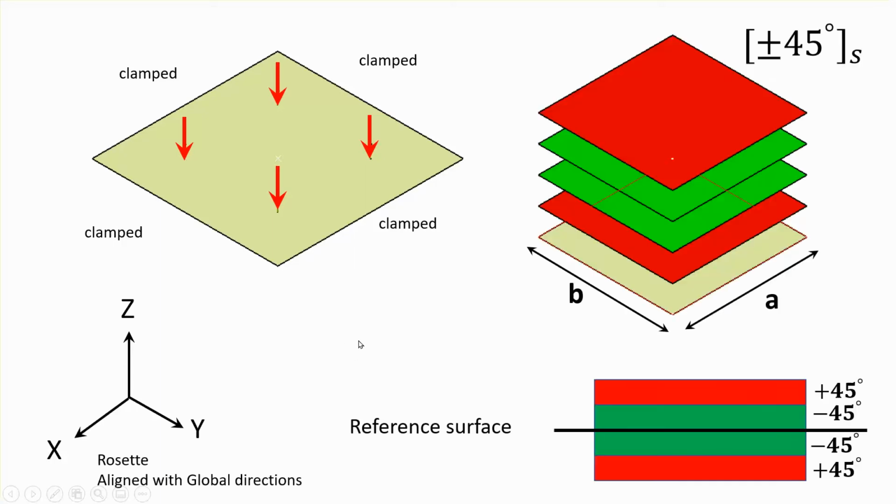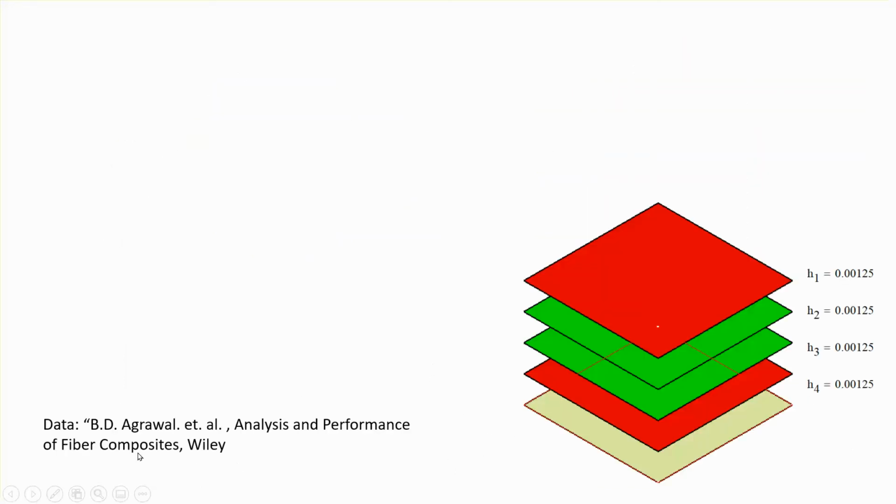Now, the geometry is taken so that it consists of four layers, plus and minus 45, symmetrically placed about the reference surface. I picked this particular geometry because there are some results available in this book, and we're going to be comparing our results against that particular source.